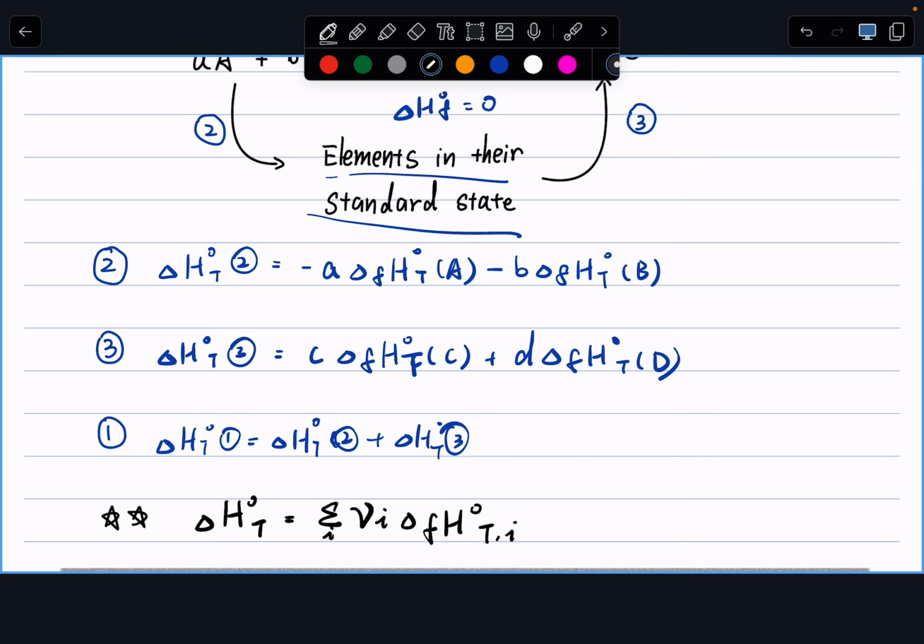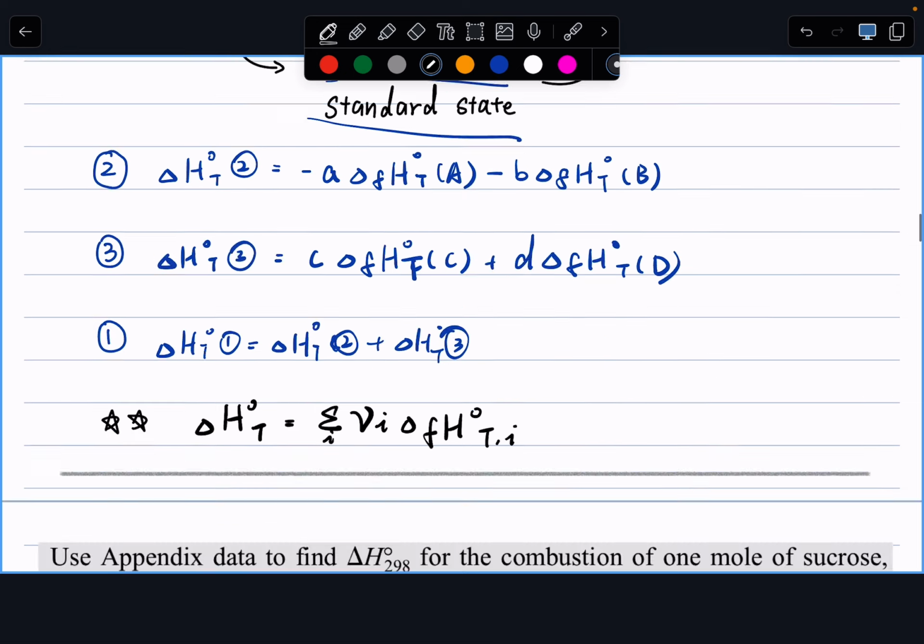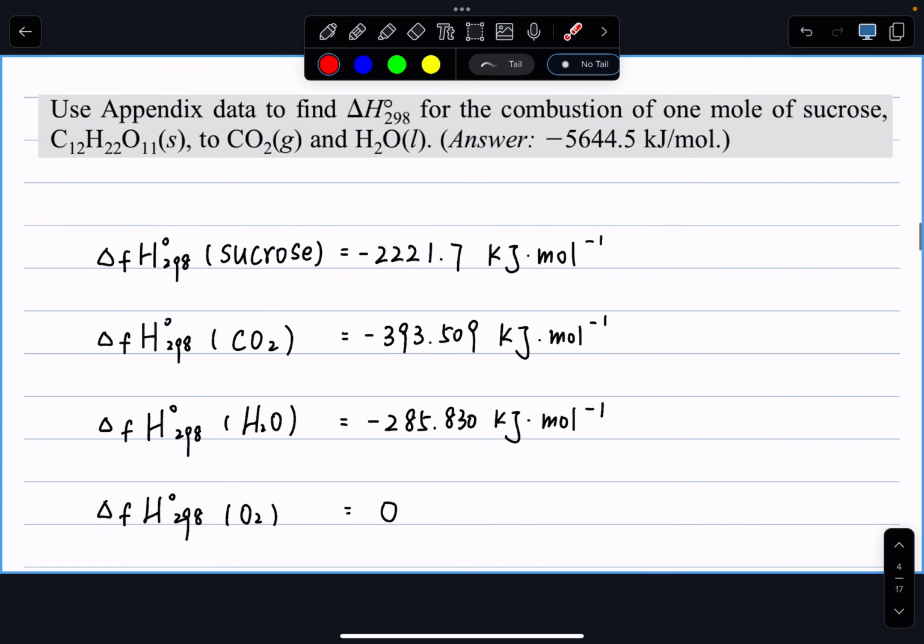So for these kinds of questions, the application or the example question is pretty straightforward. We can just look at it together. Let's say, use the appendix data to find the delta H naught 298, the standard enthalpy of the reaction at 298 Kelvin for the combustion of 1 mole of sucrose, C12H22O11, to CO2 and H2O.